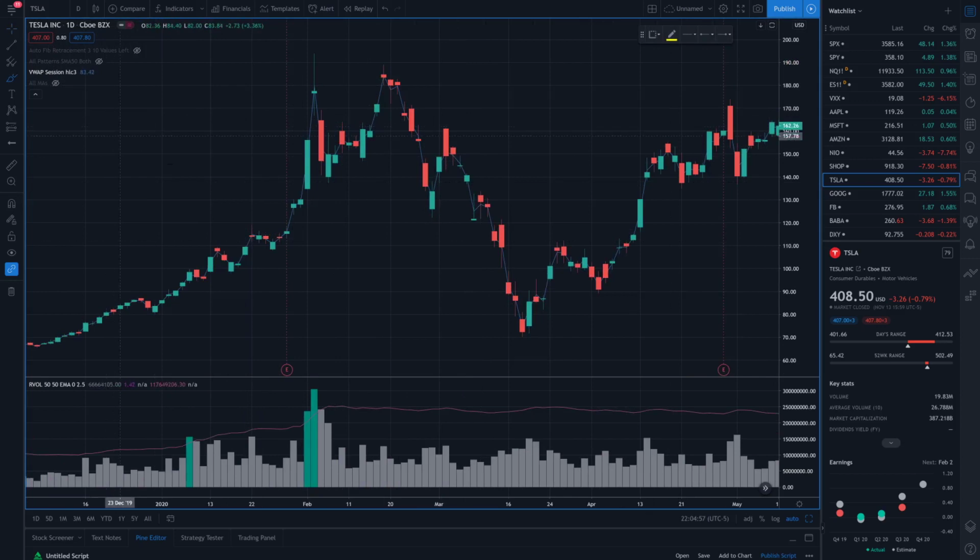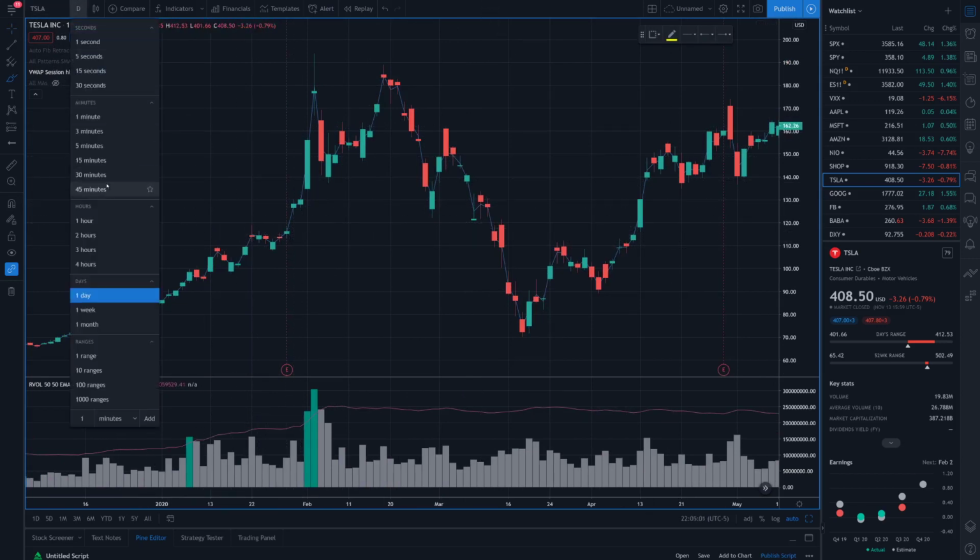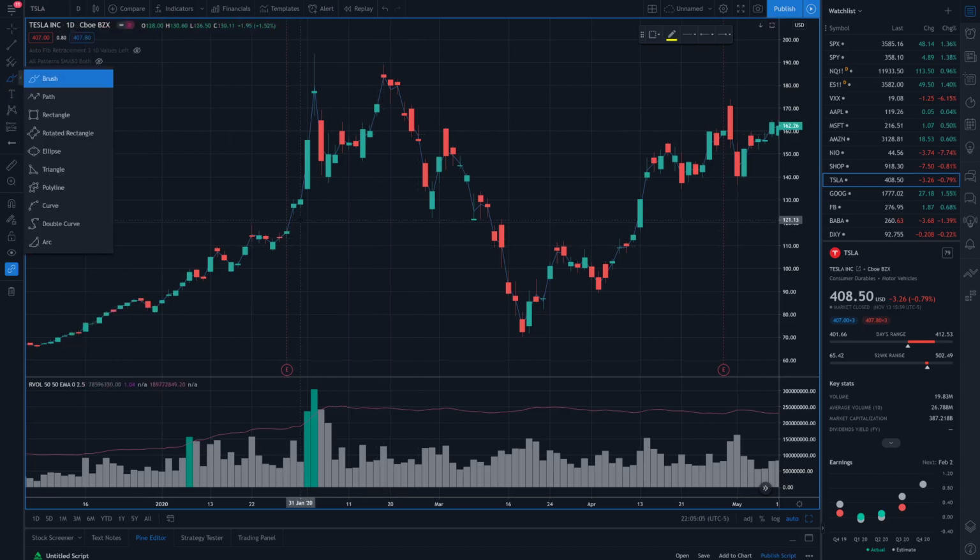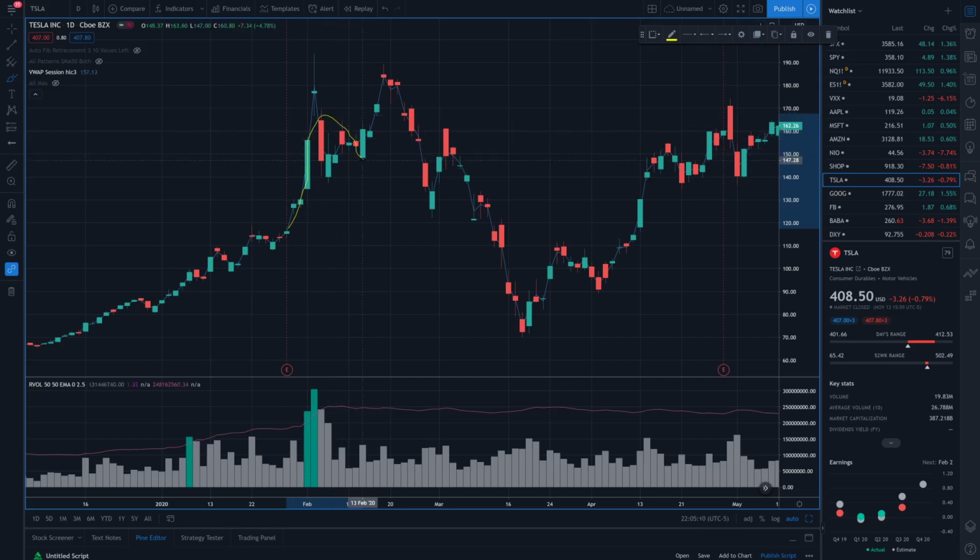The one on SPY before showed a bit more perfect. But head and shoulders is basically when a stock goes up, it pulls back, it goes up a little higher, pulls back, and then bounces to the previous level where it had hit the high.